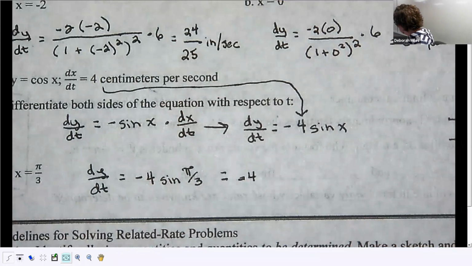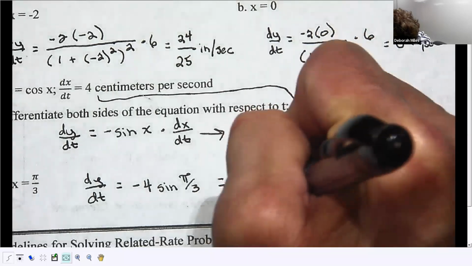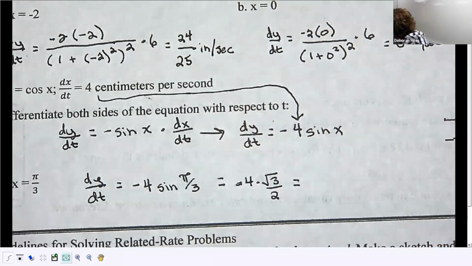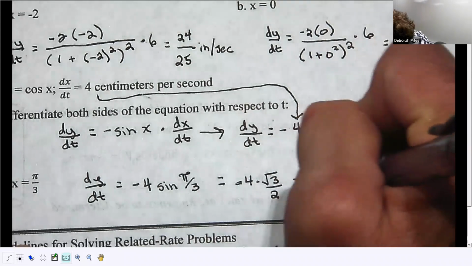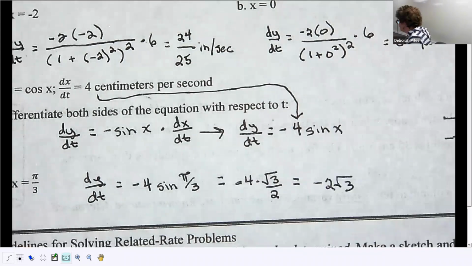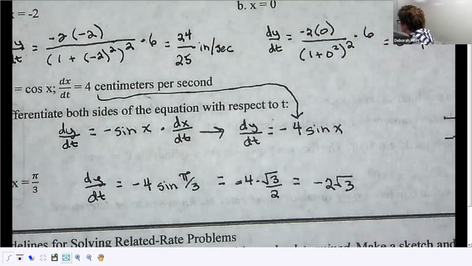It's root 3 over 2, where your y is almost 1. That would simplify to -2 square root of 3. And that's how fast the marble is going downhill, downhill because dy over dt is negative.